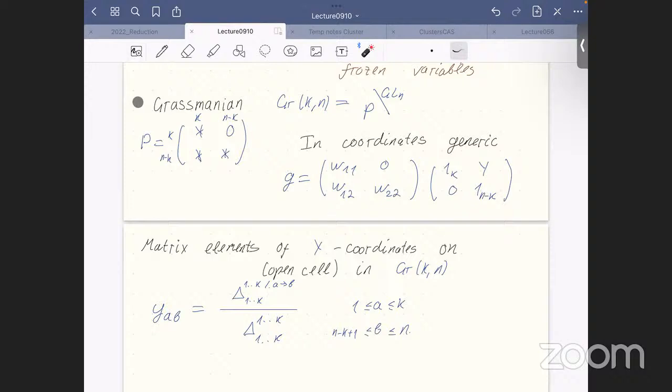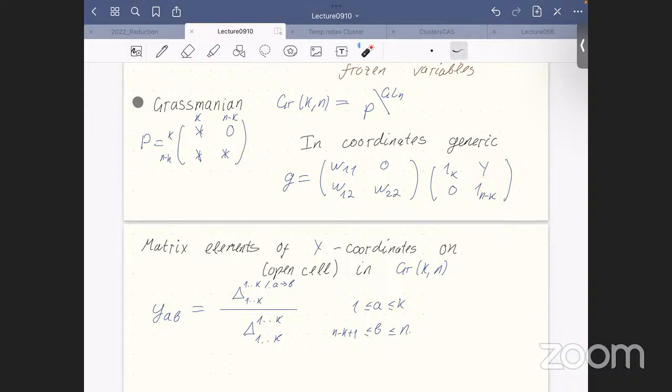So, how to say again? The Grassmannian is what: we take a set of matrices of size k times n and take the quotient with respect to GLK, which acts by multiplication from the left. A generic matrix can be reduced to this form, and these y's are coordinates.